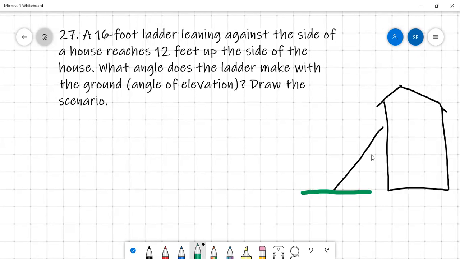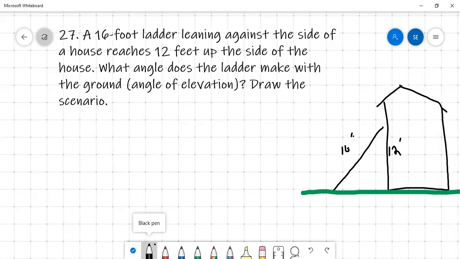This is our baseline. Okay. So the ladder is 16 feet. So let's label this. This is 16 feet. It reaches 12 feet up the side of the house. So this side is 12 feet.